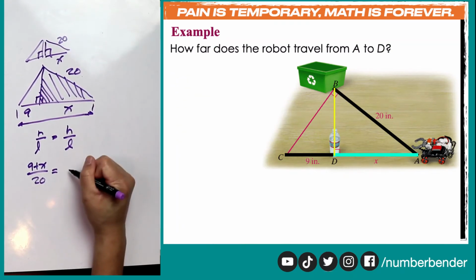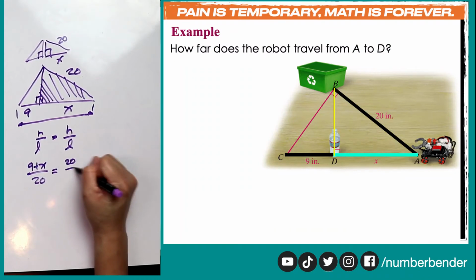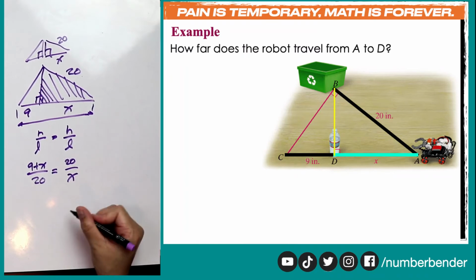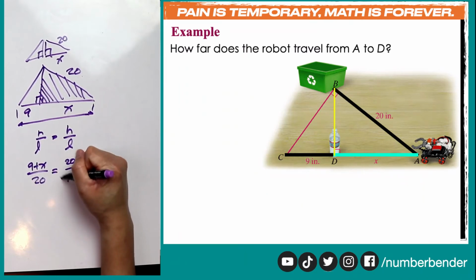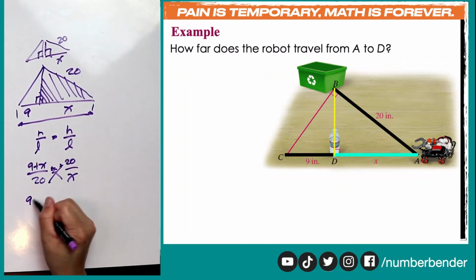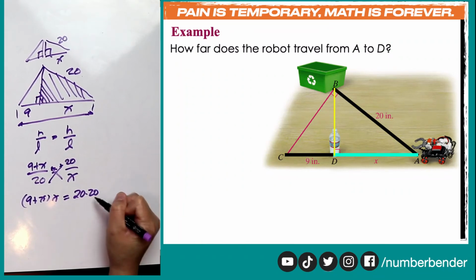And now we're ready to write our proportion, which is hypotenuse all over leg. And now we have an equation that will help us find the distance between A and D. So now that we have our equation, by cross product, we'll have 9 plus x multiplied to x equal to 20 multiplied to 20.